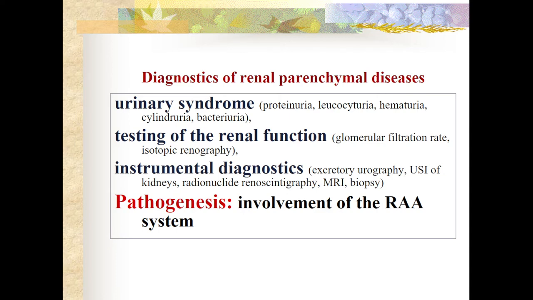And the mechanism of development of arterial hypertension in renal parenchymal diseases is associated with the renin-angiotensin-aldosterone system. Activation of renin-angiotensin-aldosterone system can cause arterial hypertension.